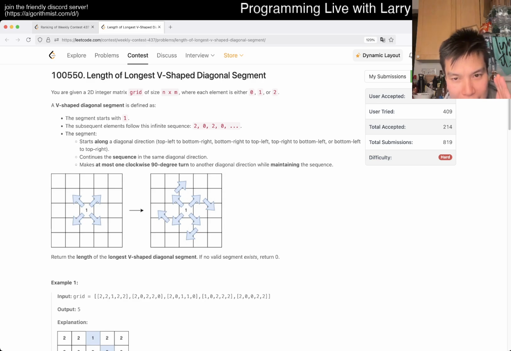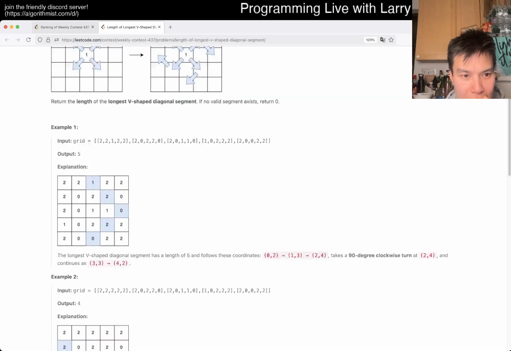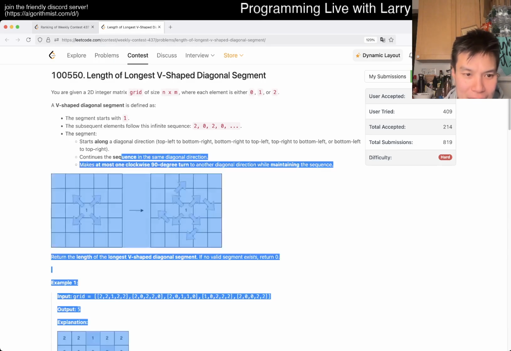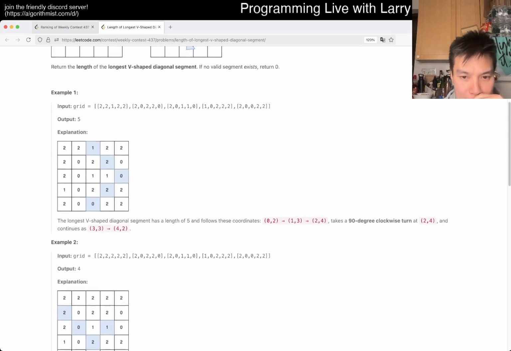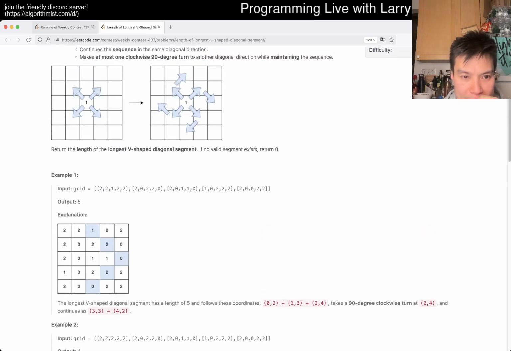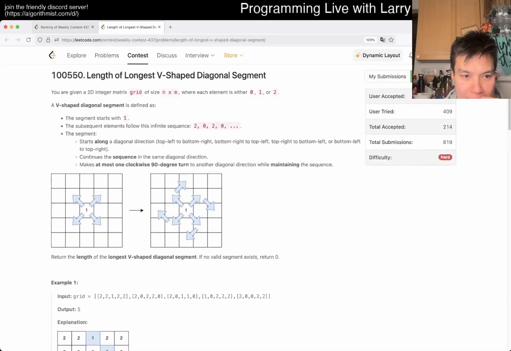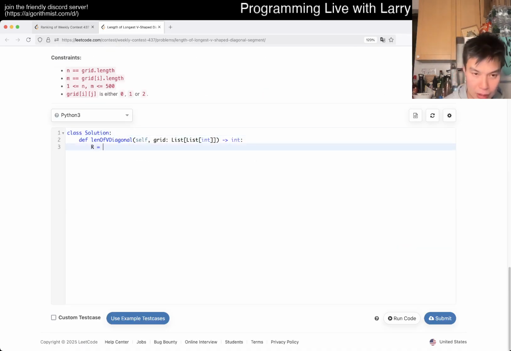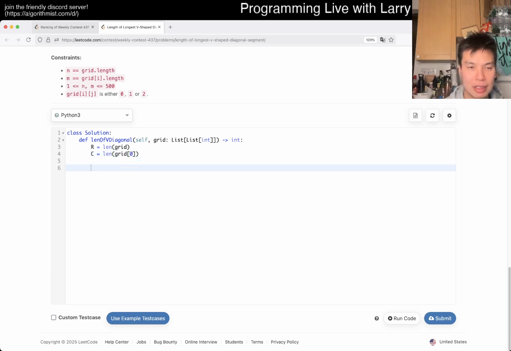Start at a longer diagonal. Oh, I see. Reshape. This is like the most confusing graph ever. But okay. And you can make a clockwise turn. So okay, but that's fine. It's just prefix sum in a harder way. I don't think this is that hard necessarily. Whether I get it right is another story, but I don't think this is that hard.